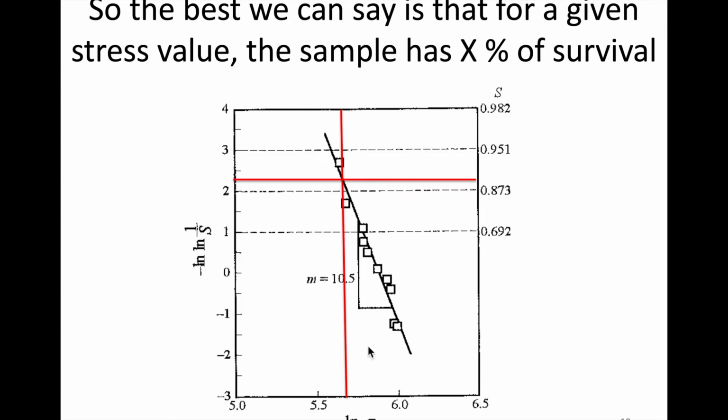We'll talk more about this plot in a bit, but basically this S is the survival probability, so the higher the better, and the lower the less likely to survive. That's on the y-axis, and on the x-axis is a measure of the strength. So the sigma is strength. Picking some survival probability, we can look and see what its strength value is for that. And that will give us a probability of whether something will survive or not.